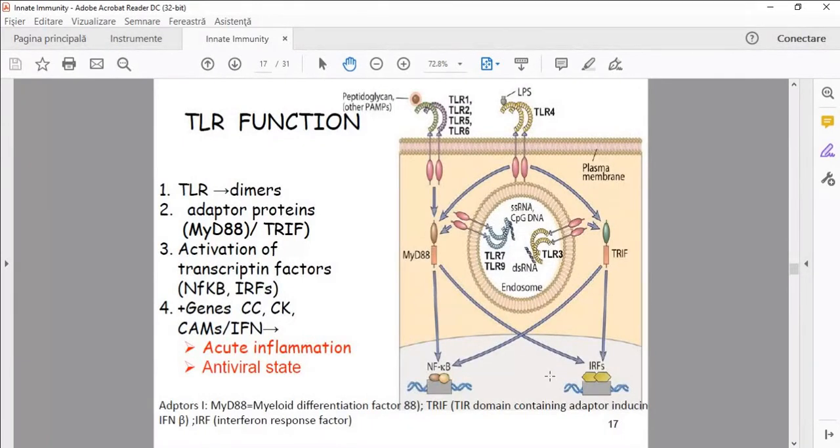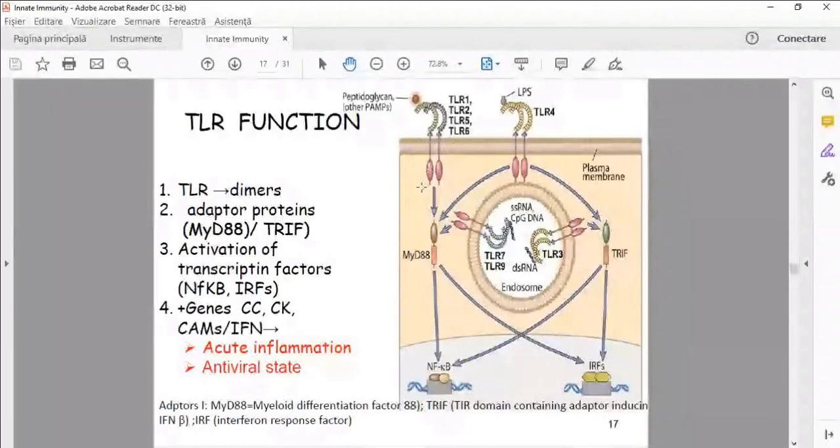Okay, so how do these receptors work? Toll-like receptor function. As I told you before, they are dimers. All of them are dimers. As a result of conformational binding of the ligands, pathogen-associated molecular patterns or damage-associated molecular patterns, they will change their conformation, and this change can be seen in their intracellular part.